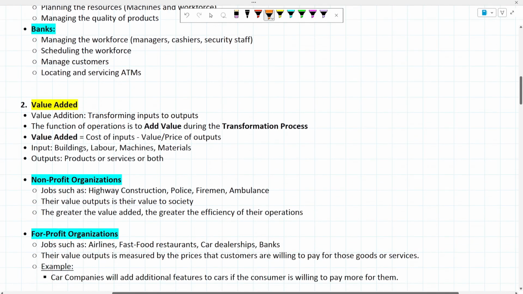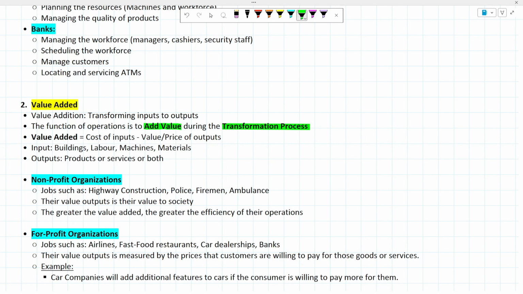So let's look at value added. Value addition is transforming inputs to outputs. The function of operations is to add value. Let me put that in green. Add value during the transformation process. So value added is the value of outputs minus the cost of inputs.